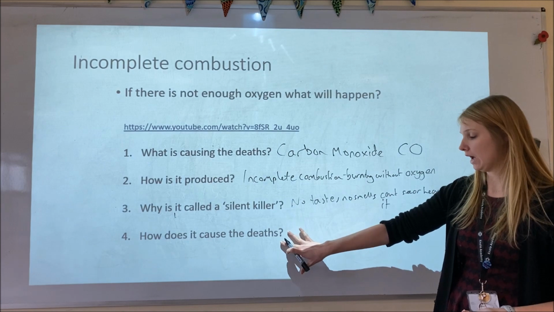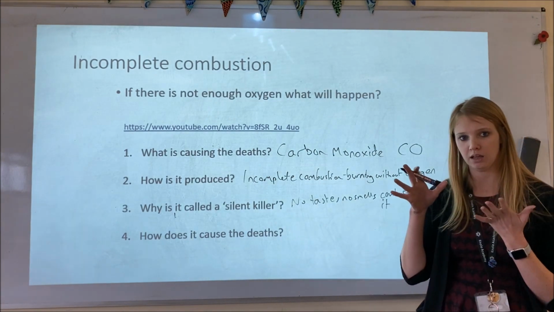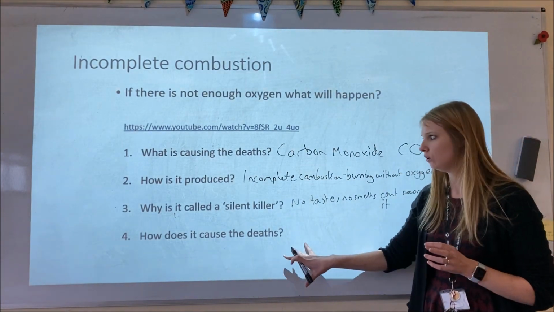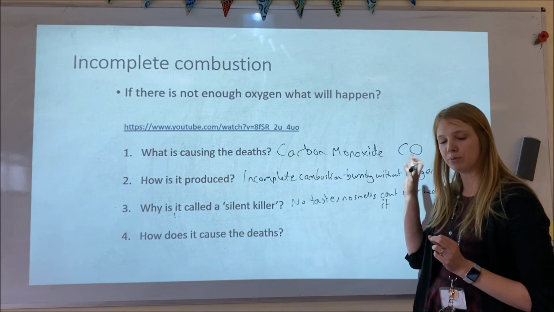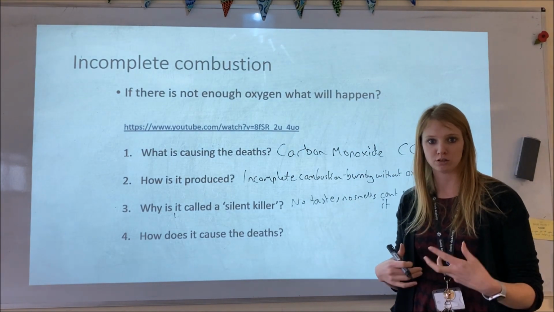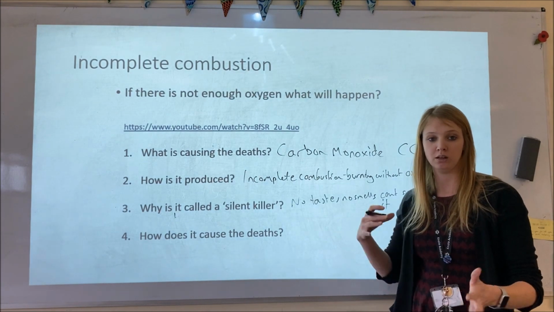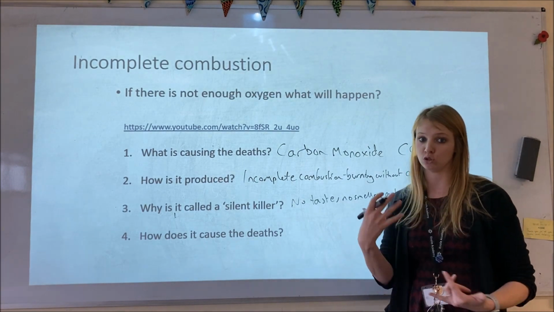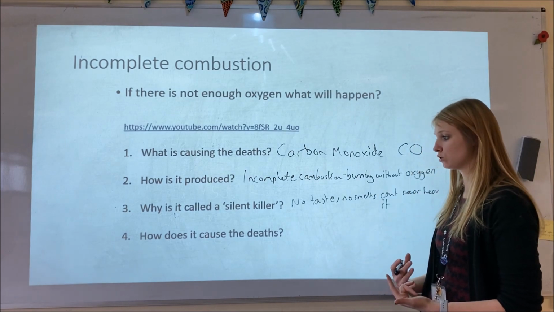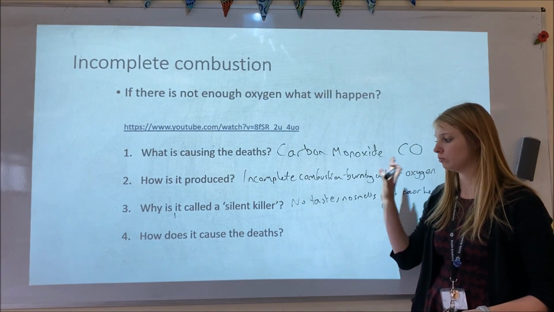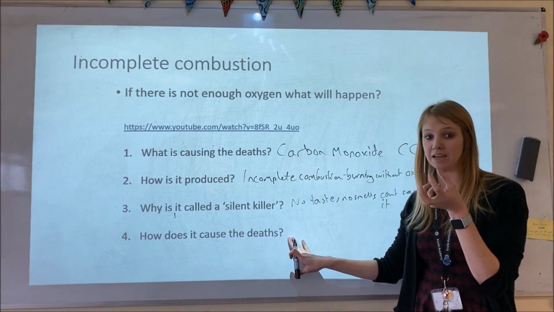How does it cause deaths? So in the body, bit of biology now, what it does is it binds to the hemoglobin in your blood. Normally your hemoglobin binds with oxygen to become oxyhemoglobin, and then your red blood cells carry that around your body to your respiring cells. But here, the carbon monoxide binds instead, and it binds permanently.